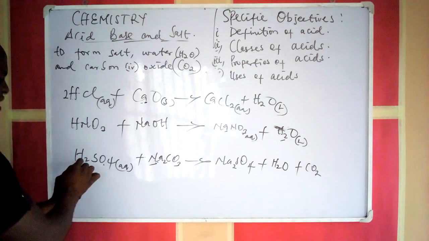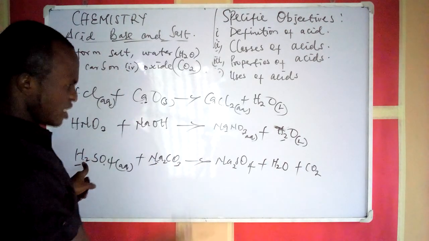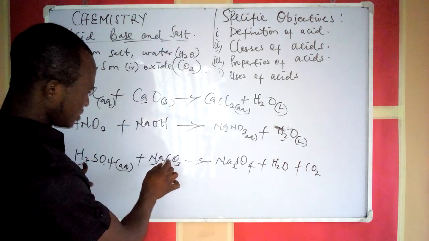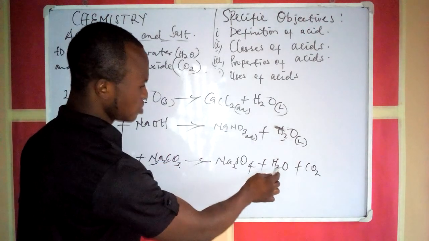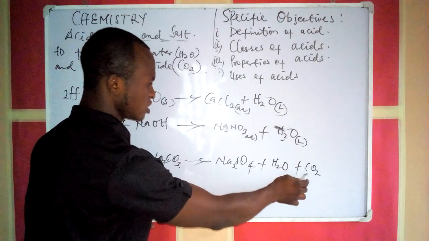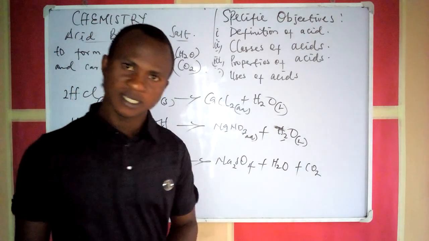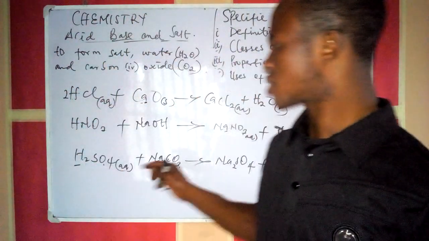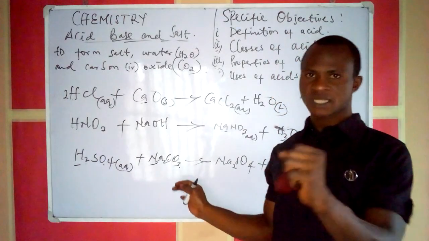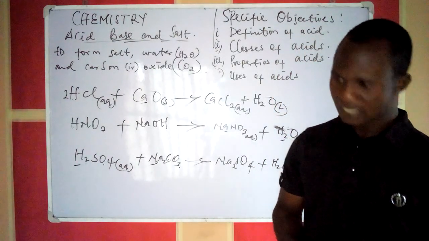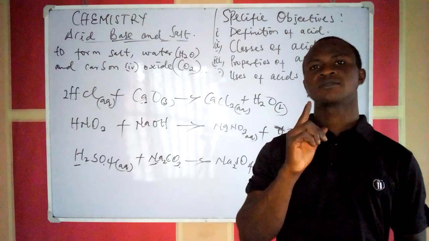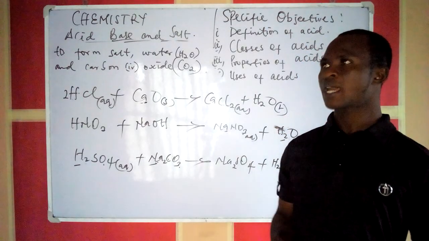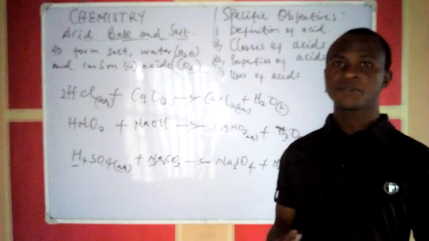So I'm left with H2 and CO3, which if I break it down, I have H2O and CO2. Yes, this particular equation is a very important equation, and there are cases where we can apply it to prepare a new acid.